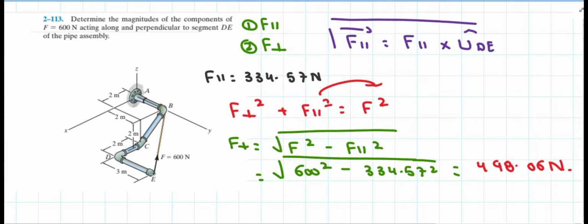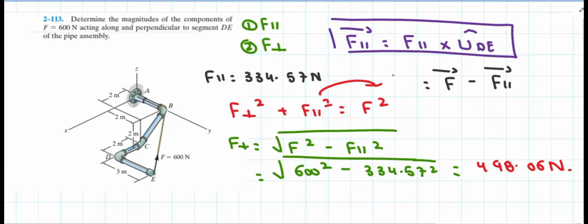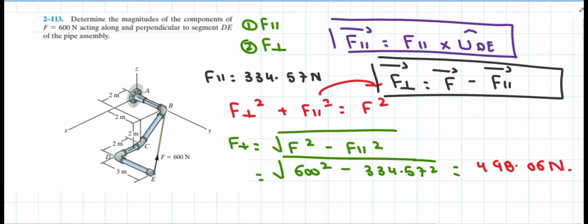By the help of this formula, you can easily find the vectorial form of F parallel. Once you have the vectorial form of F parallel and the vectorial form of force F, which you already know, subtract the parallel component's vectorial form from the vectorial form of force F, and you can easily find the vectorial form of the perpendicular component of force F. So this is your homework to find.